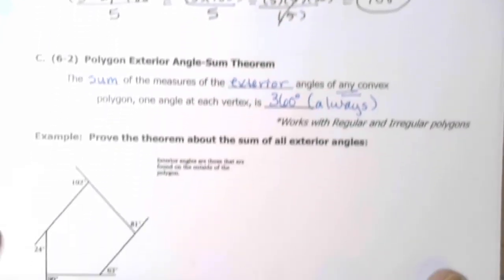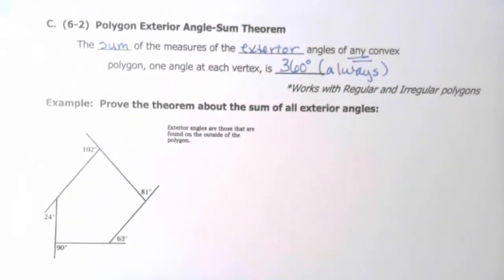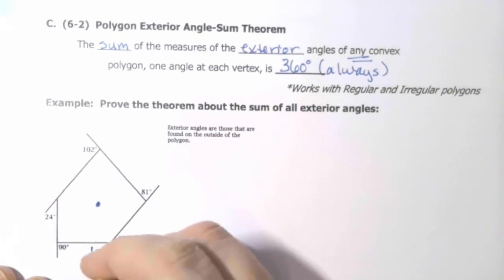All right, so with our example here, we're going to prove that this theorem is true. We have here a 1, 2, 3, 4, 5. This is a pentagon. It's not regular. And we have all the exterior angles. Notice that the exterior angles kind of look like spokes of a pinwheel. You know, the thing with the pin in the middle and then it spins.